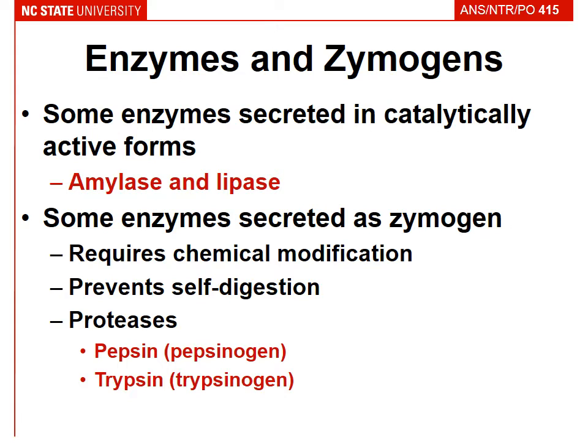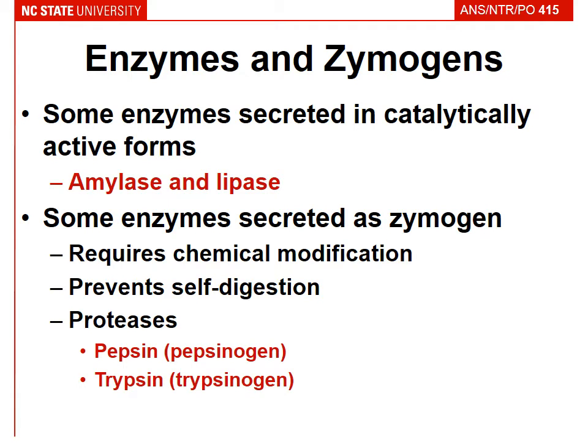The cells utilize proteins for their functional responsibilities, and we want to make sure that these enzymes are not breaking down the proteins that the cell needs to function properly. So we evolved to have them inactive, and they get activated once they are within the lumen of the GI tract.